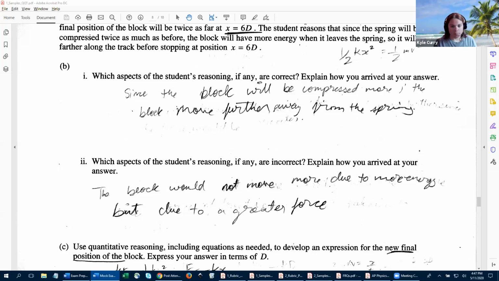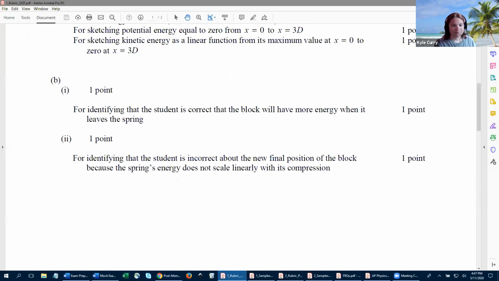BII: the block would not move more due to more energy, but due to a greater force. Let's go back to that rubric. BII. The person taking the test had to identify that the student is correct about the new final position of the block because the spring's energy does not scale linearly with compression.